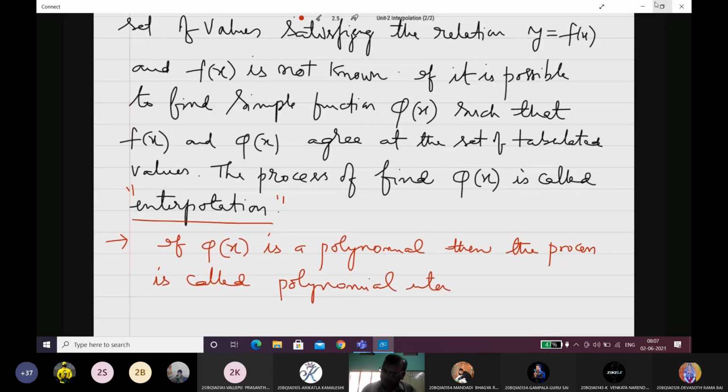Here pi of x is called the interpolating function, the interpolating polynomial function.